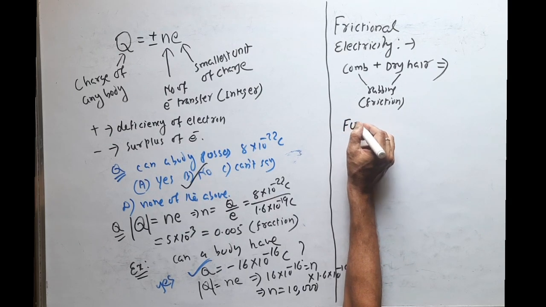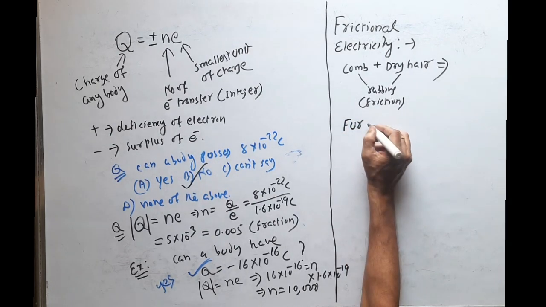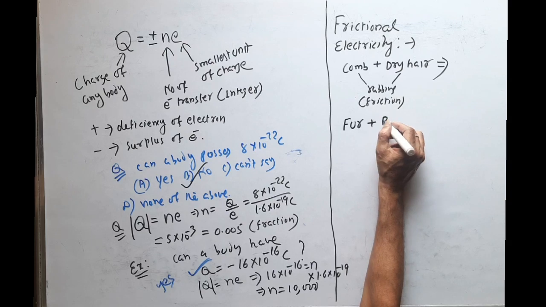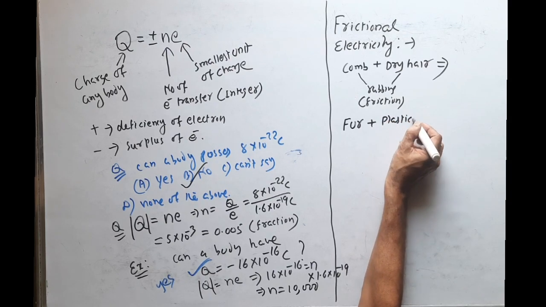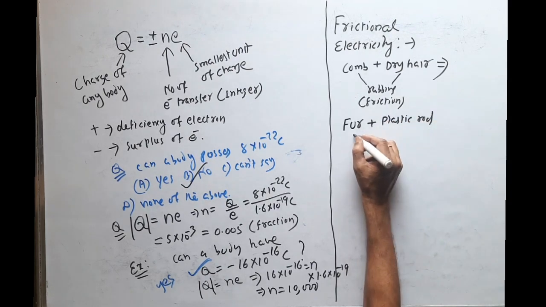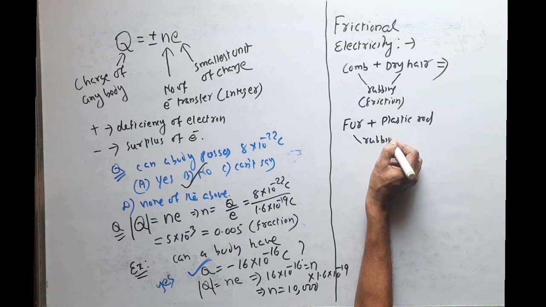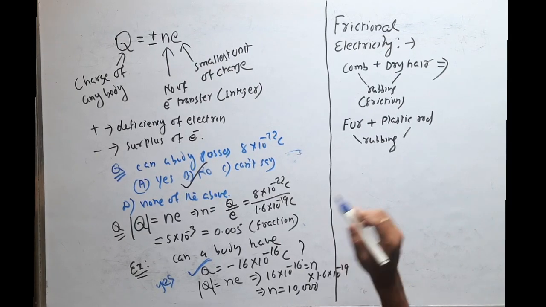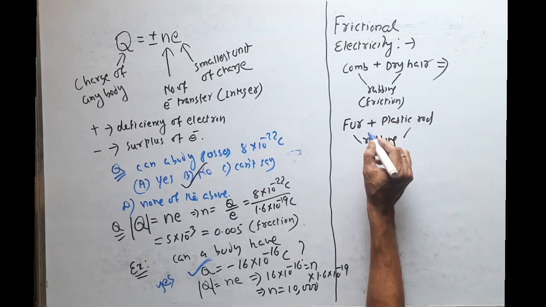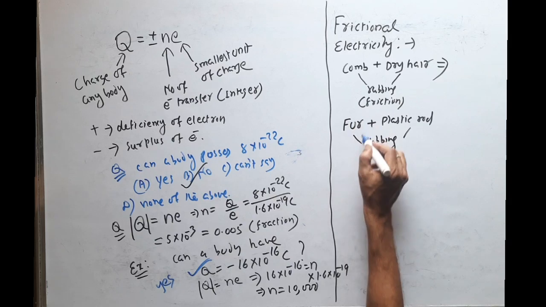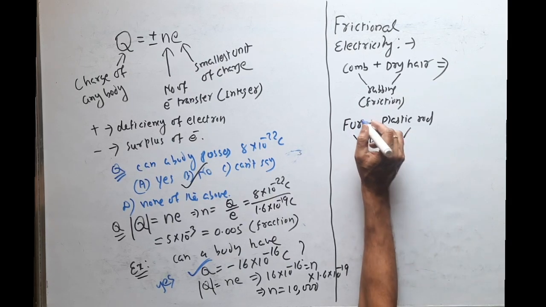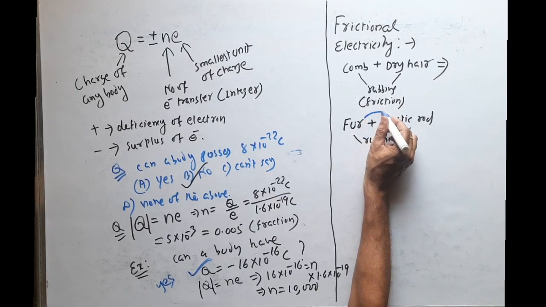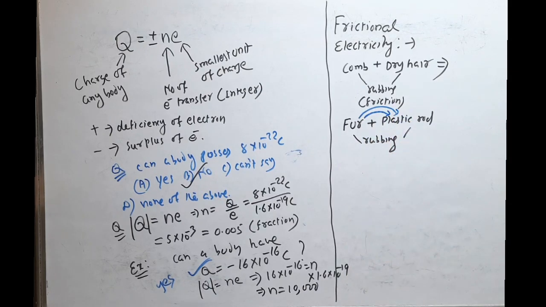Let us take another example. You bring a fur and rub this fur with a plastic rod. What will happen? Due to some property and behavior of the fur and plastic, we will observe that some electrons transfer from fur to plastic.